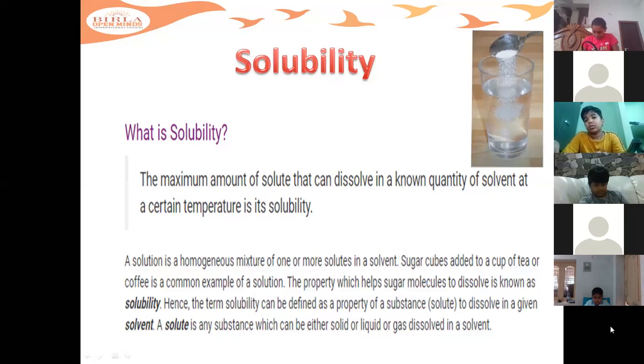If you add only a certain amount of salt or sugar, one spoon in a little quantity, it is dissolving completely. Now, if you go on adding, what happens?